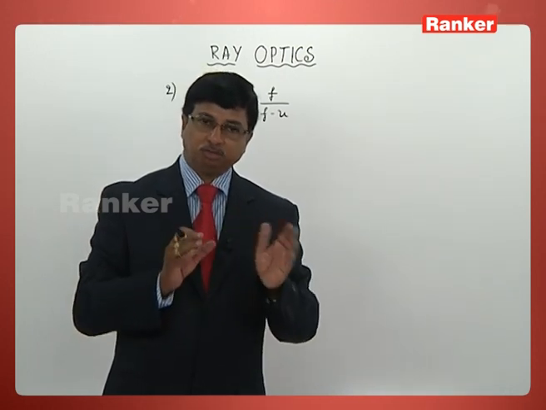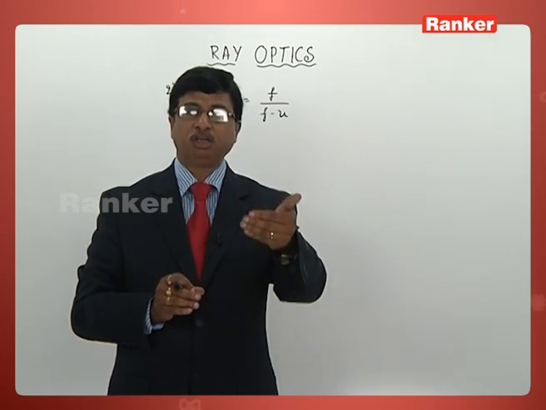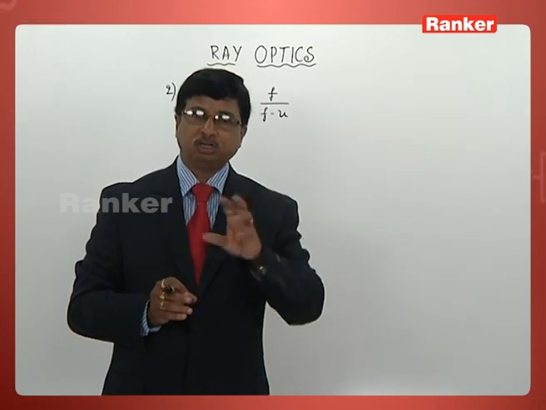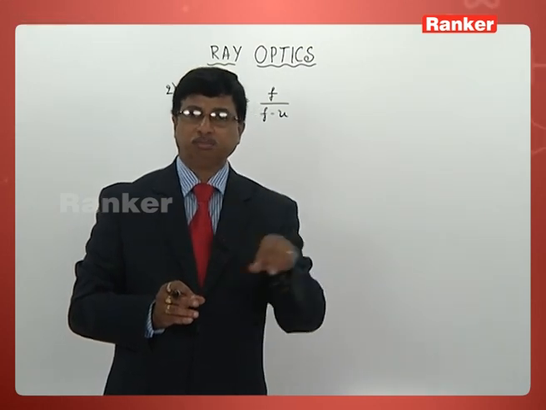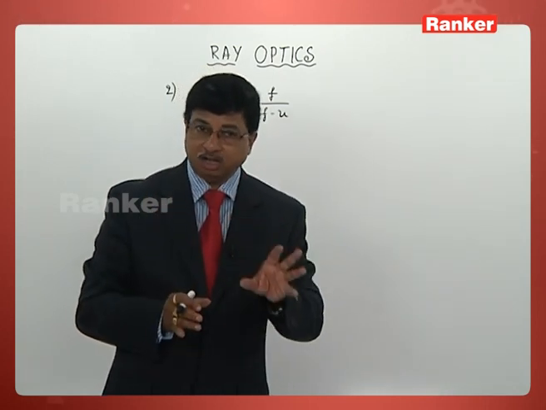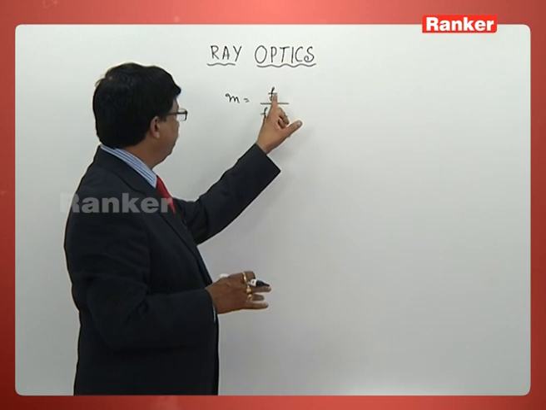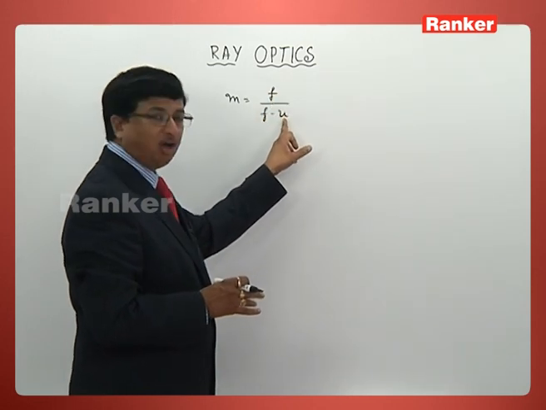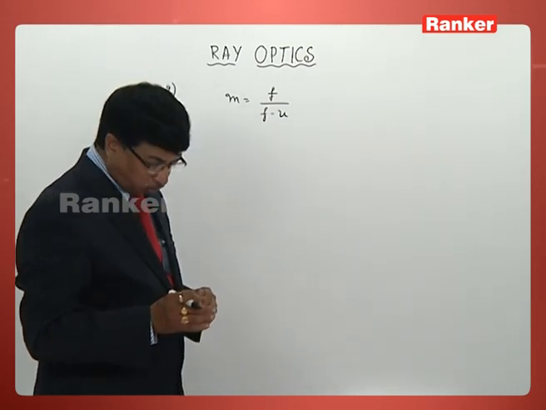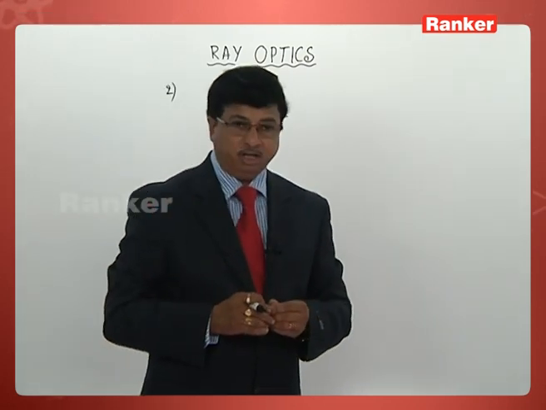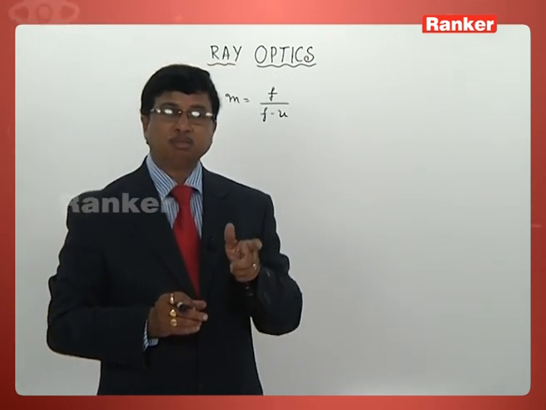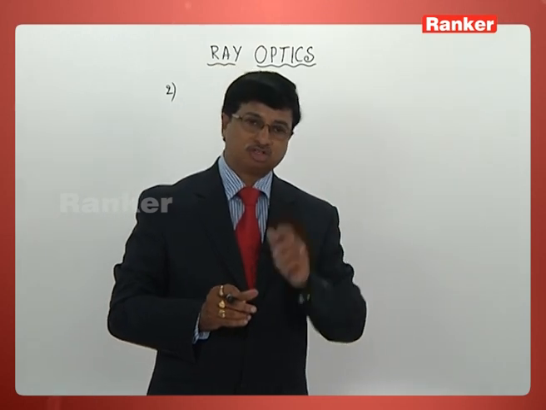The general formula for magnification is v by u, so v is equal to m into u. We have substituted that value in the mirror equation and simplified the whole thing. After doing that, we get the magnification in terms of focal length and object distance like this. So f by f minus u will now be the correct magnification of that image.